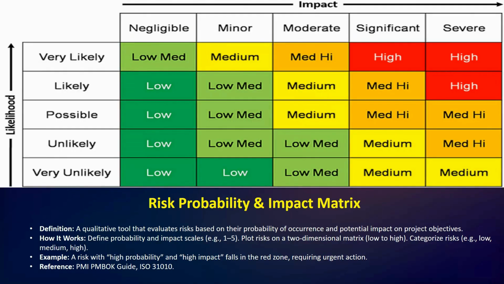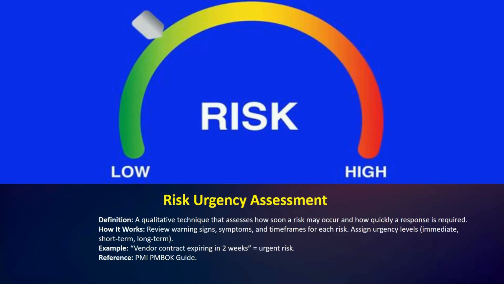Next up is risk urgency assessment. This technique is all about timing. It helps us to figure out not just if a risk is a big deal, but how soon we need to respond to it.